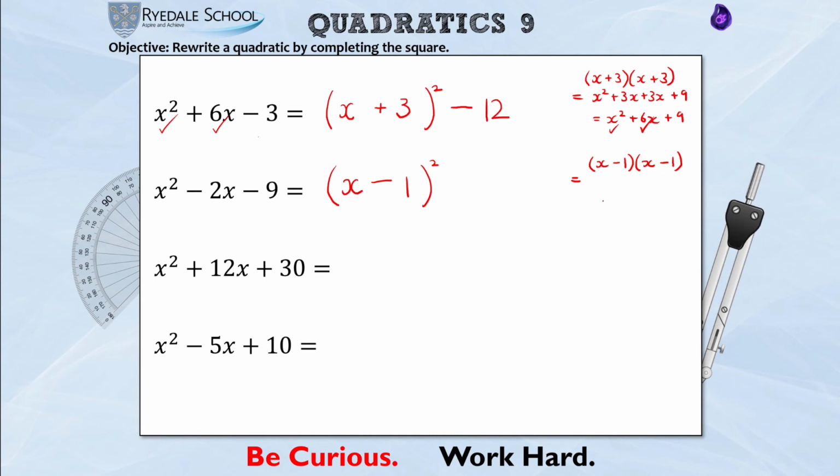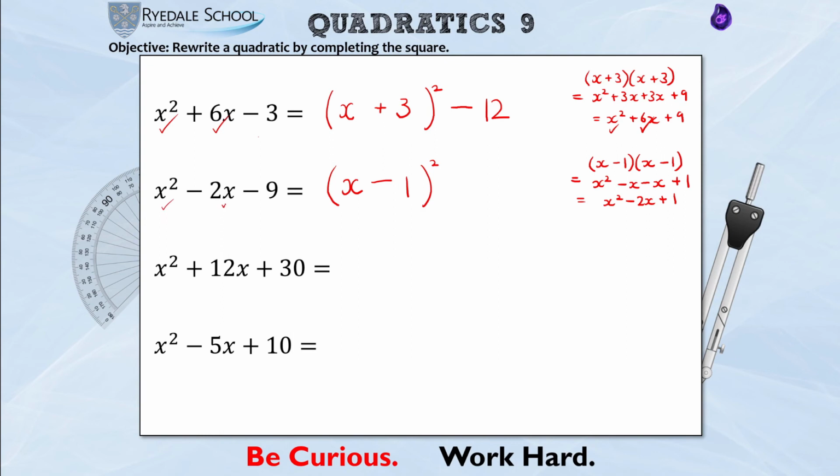Okay? I would always recommend doing it. It's very easy to make a mistake with this final value. So be thorough and multiply it out, see what you've got. I've got x squared minus x, and -1 times -1, be careful, is +1. So this is currently equivalent to x squared take 2x plus 1.